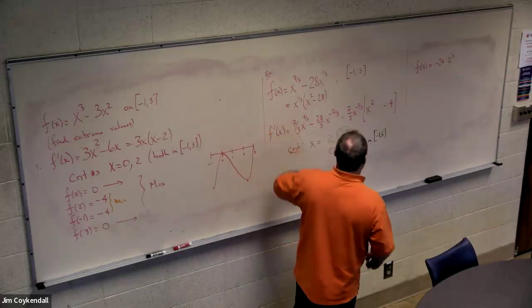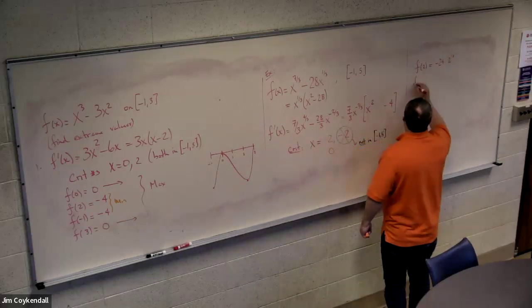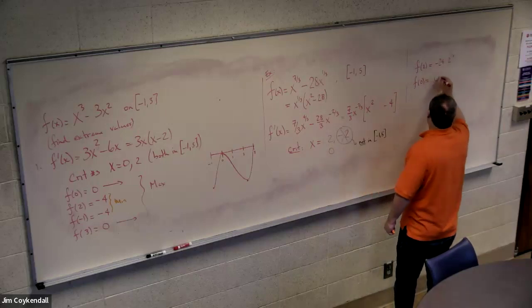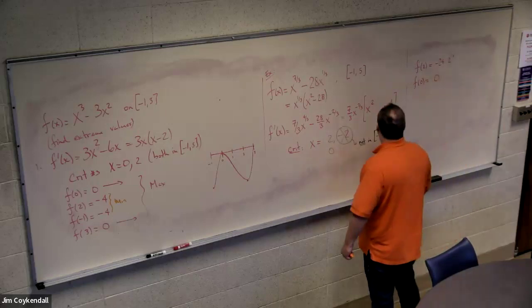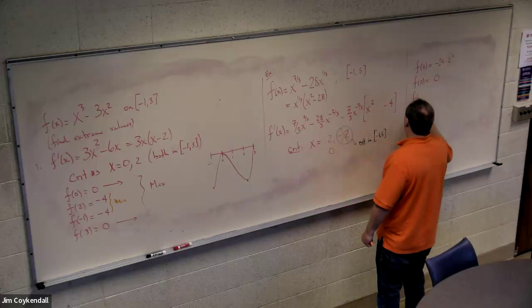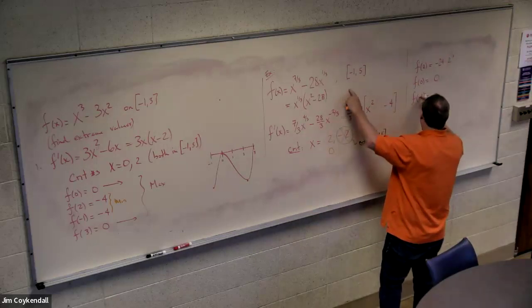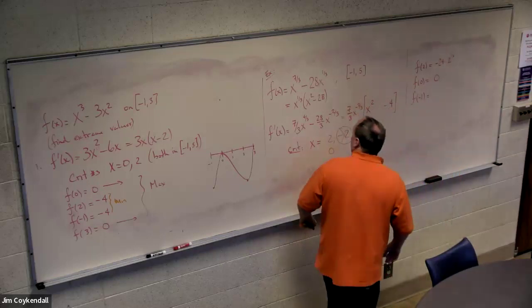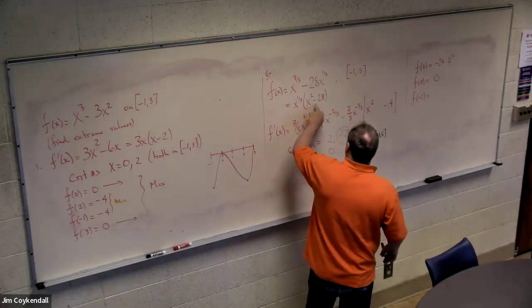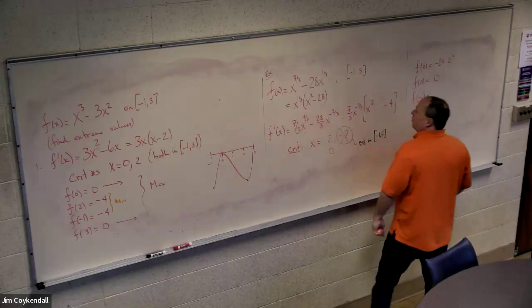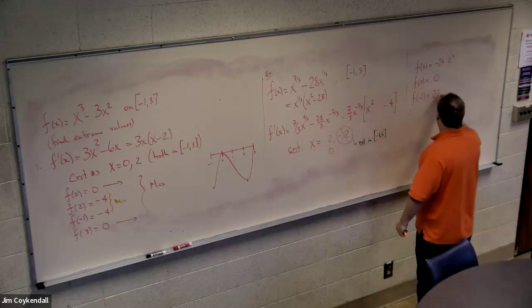When I plug in 0, when I plug in -1, I get minus 27 minus 1 is 27.